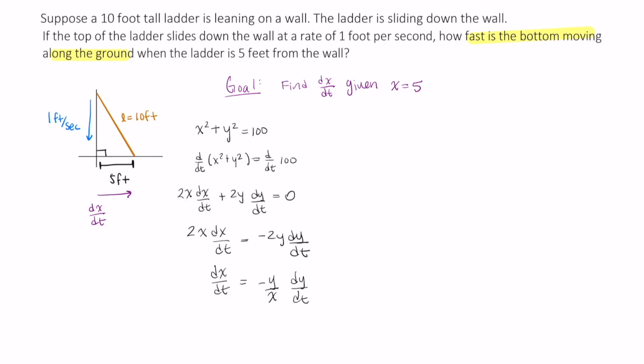We were given dy over dt here. So dy over dt, and this is where you need to be careful. So let's look at our picture. The y-axis is the wall. And as you travel from up high on the y-axis towards 0, you're traveling in the negative direction. So our rate of change here, that is dy over dt, is negative 1 foot per second.